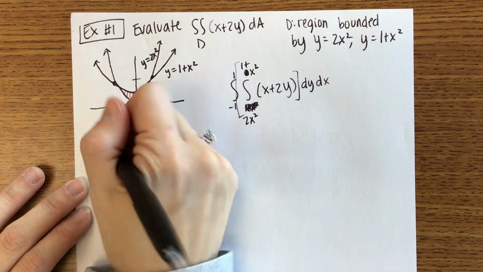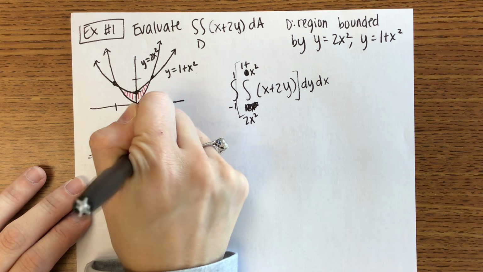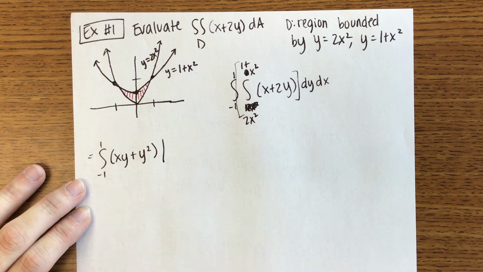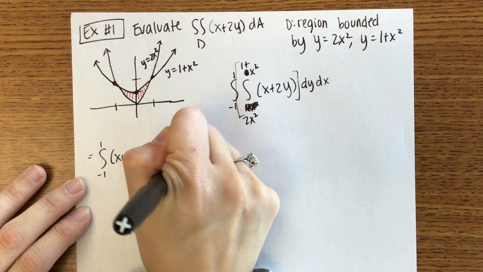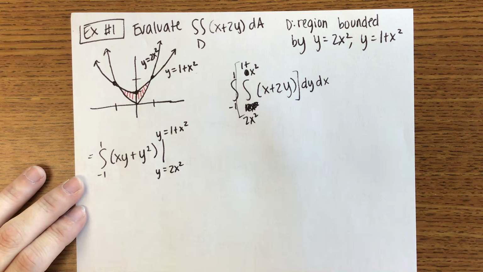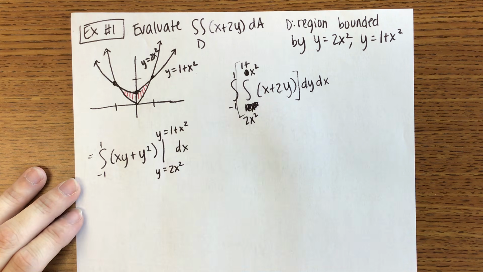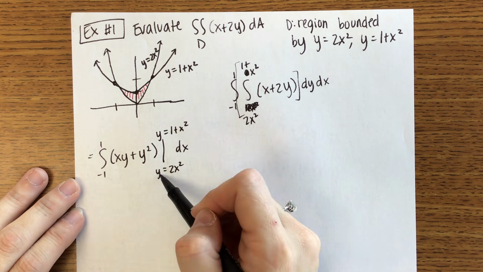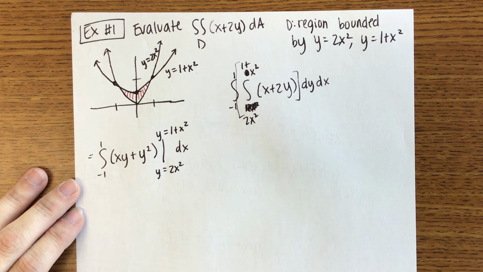So if we integrate with respect to y, we get xy plus y squared. We're integrating from y equals 2x squared to y equals 1 plus x squared. Remember I suggested to you that you write y equals so you know what you're substituting in for.